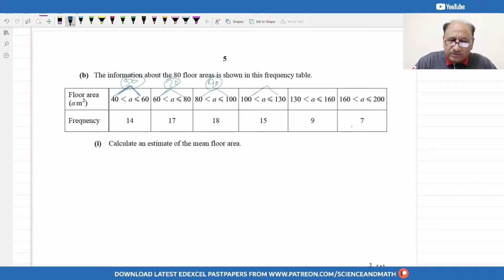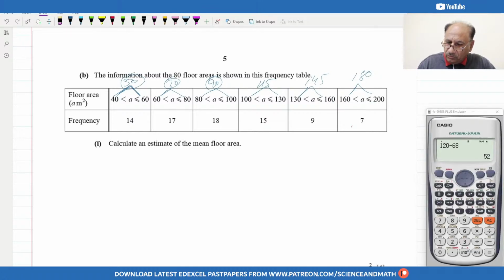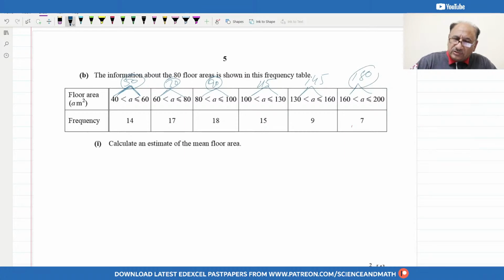So mid range you will be checking, it will be 115, and next mid range will be 145, and this mid range will be 180. You will be adding, like for example, if you don't know how to get middle range, so 160 plus 200 answer, and divide it by 2, you will get 180, which is this one.